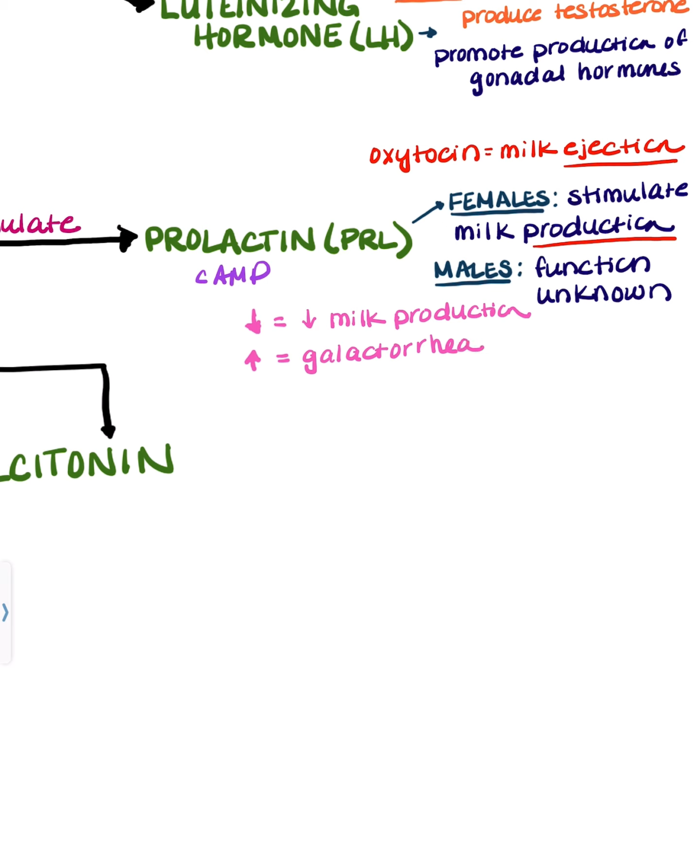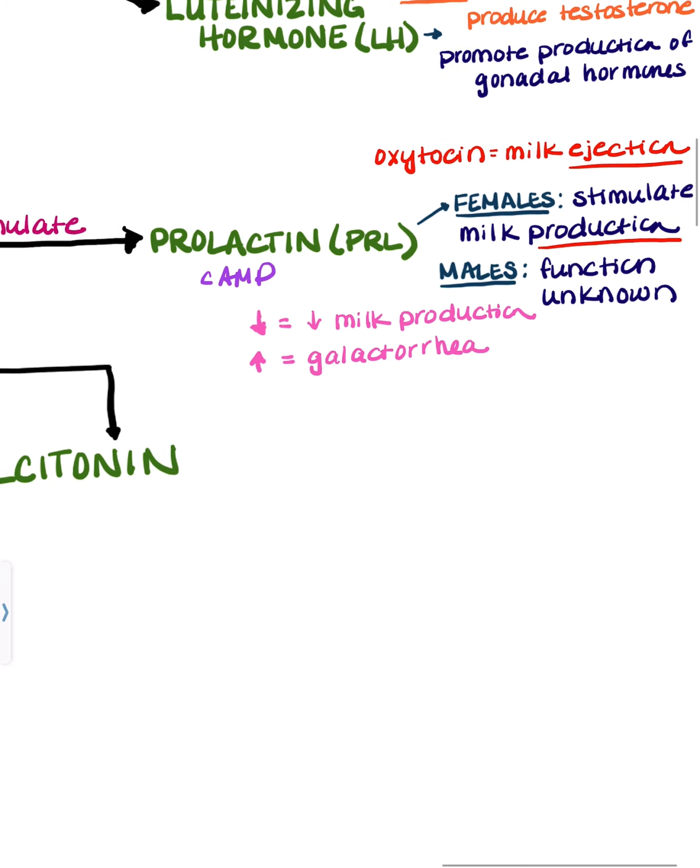And what this causes is basically milk production that's not going to be related to pregnancy at all. So maybe you're not even pregnant, but if you have a ton of prolactin being released, it could cause you to basically produce milk not from the proper response. Also, if we have increased prolactin release or hypersecretion, it can also cause infertility in females.